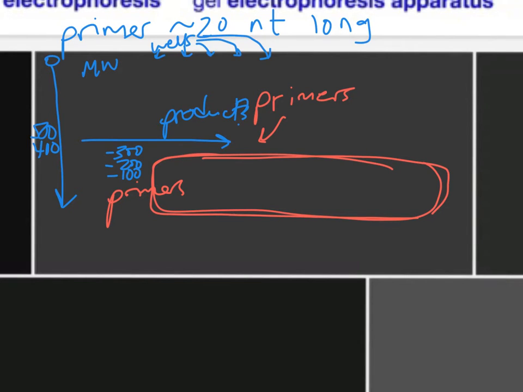In the other 6, for whatever reason, PCR did not successfully amplify DNA, which is why we don't see those bands there. So PCR didn't work. Maybe they didn't put template DNA in those reactions, so there was no DNA for the primers to amplify. It's one possibility.